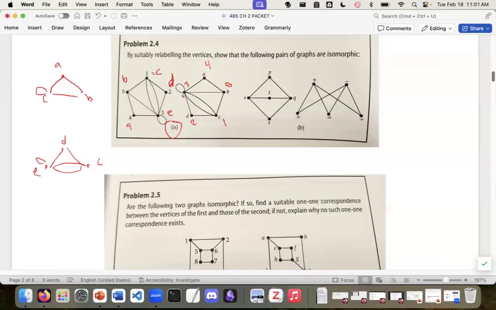A is connected to E with a loop, and B. D is connected to E with a loop and C. Right, and so because this edge is different, that's why we can't interchange them. Does that answer the question? Yeah. Cool. Any other questions? Awesome.